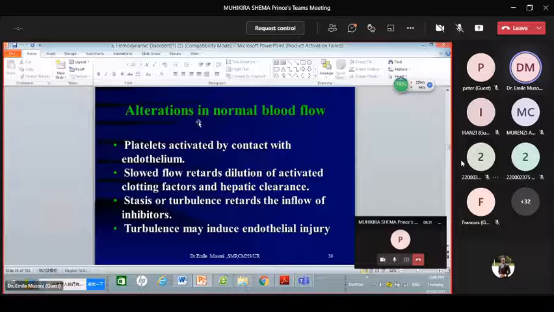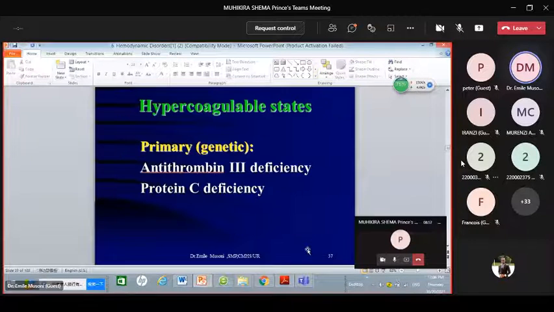There will be alteration in normal blood flow caused by platelet activated by contact with the endothelium. Slowed flow, retardation of activated clotting factors and hepatic clearance. Stasis or turbulence retard the flow of the inhibitors. Turbulence may also induce endothelial injury.